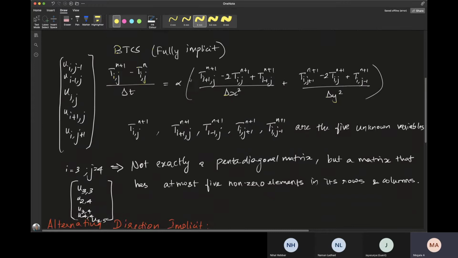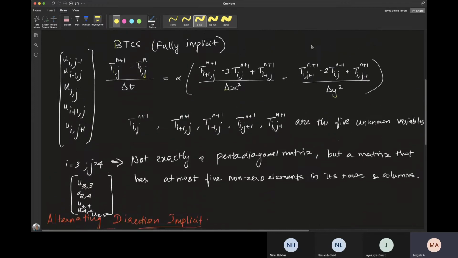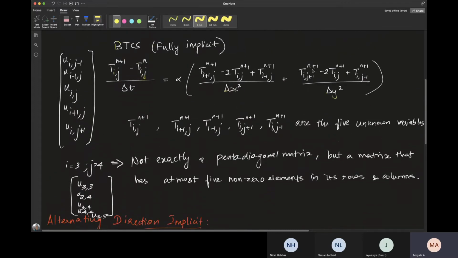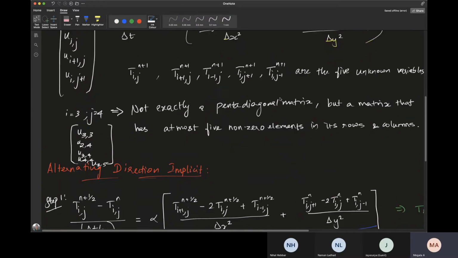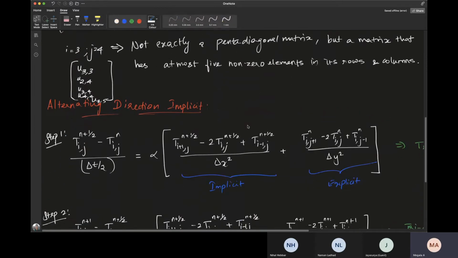Here what we had was in both the x and y directions, the central difference was evaluated at time step n plus 1. What if we evaluate the central difference in just one of the directions at time step n plus 1 while keeping the other direction at time step n itself?